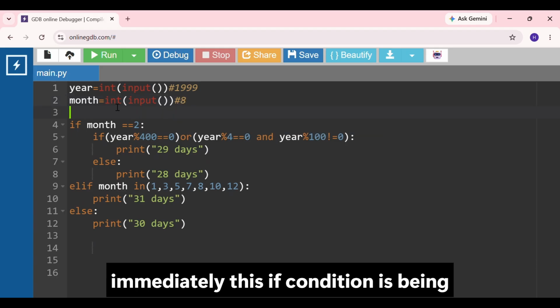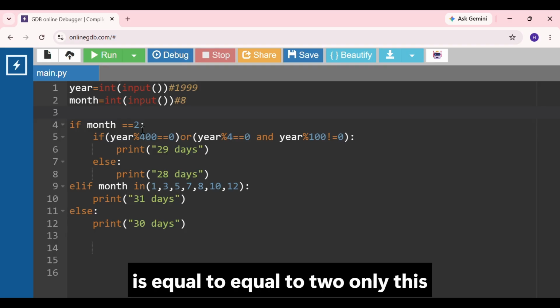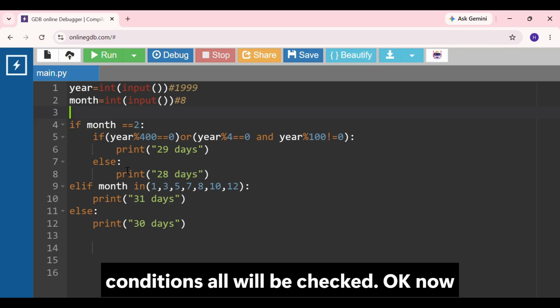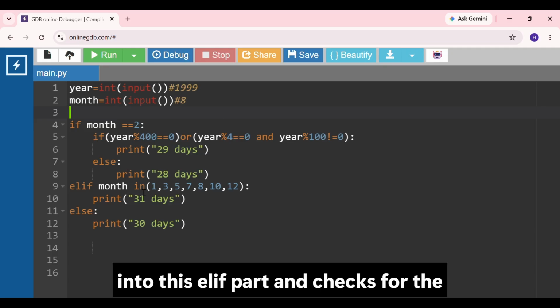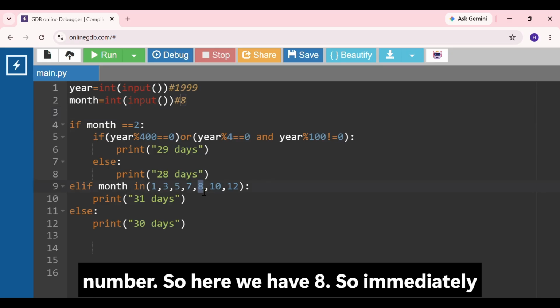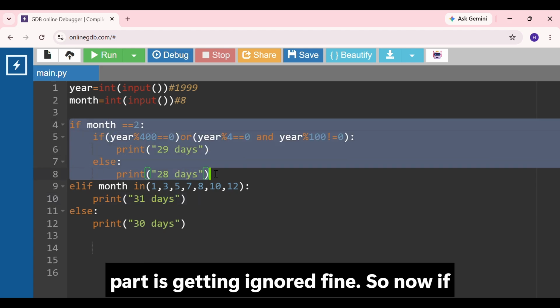So immediately this if condition is checked, it is false, because only if the month is equal to 2, these conditions will all be checked. Now since the month is 8, immediately it goes into this elif part and checks for the number. So here we have 8, so immediately it prints 31 days. So this full if part is getting ignored.